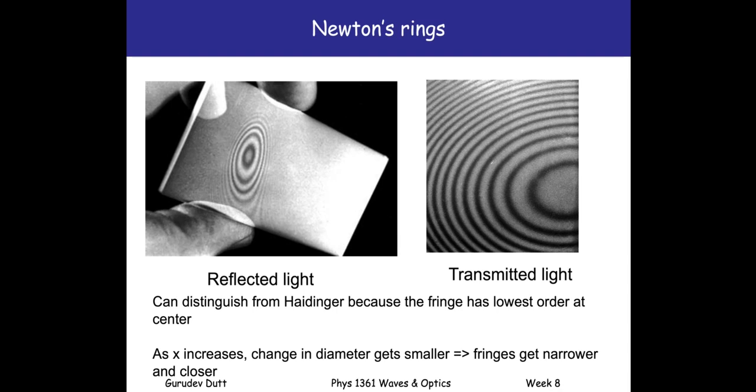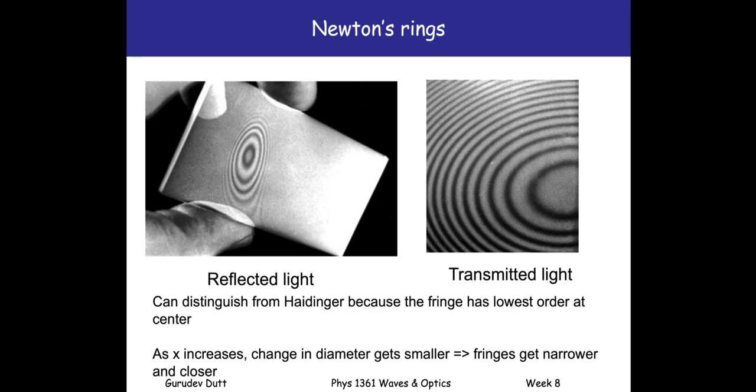The fringes get narrower and closer, as opposed to the Haidinger fringes, where as you went further and further out in the angle, the diameter gets larger because the fringe order gets smaller. So this is a way in which one can distinguish the two types of fringe patterns.